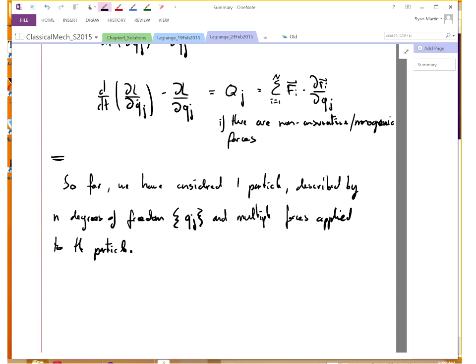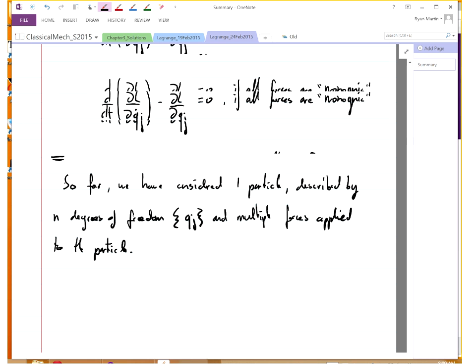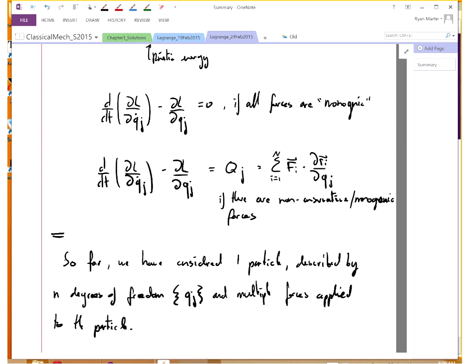Then we saw in the Lagrangian derivation from D'Alembert's principle that if you consider one particle with many forces on it, you could add the forces from each potential energy. So I'm only talking about the monogenic side, not the Q_j when it's not equal to 0.